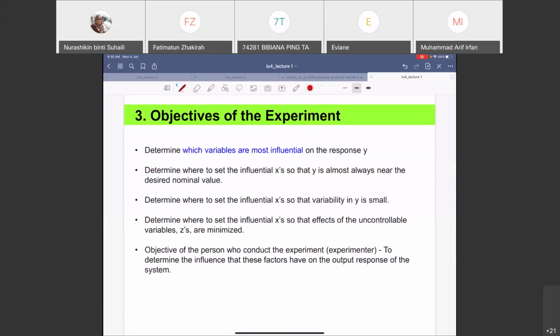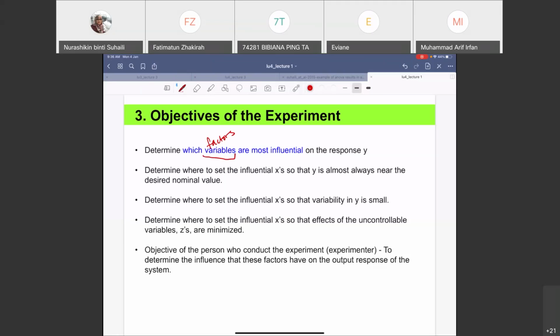Variables and factors are the same. There are a few terms that give the same meaning but are used interchangeably. Factors are the things that you manipulate or can vary, so that's why it's called a variable as well.